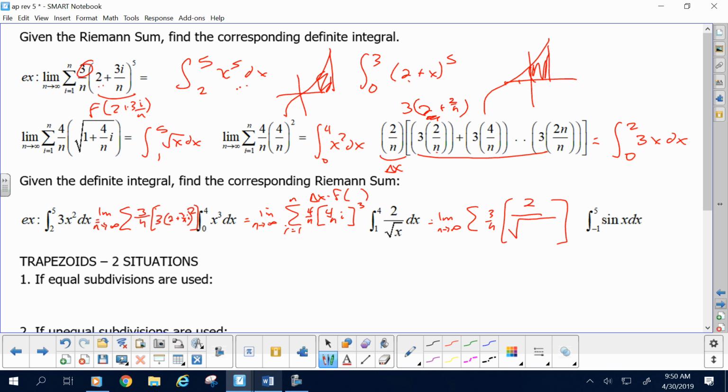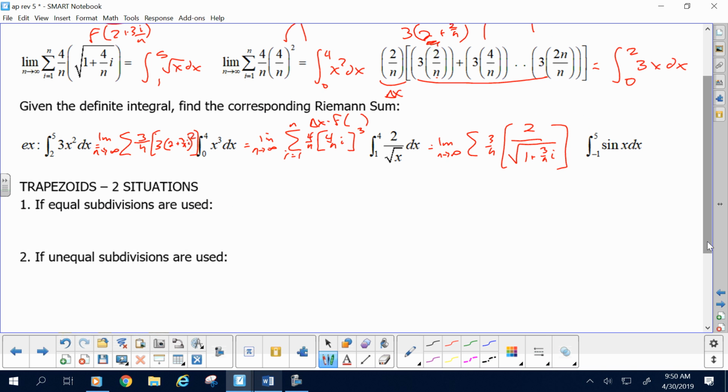Right? Okay, so you got your limit, you got your sigma, and 3 over n. The function's 2 over root something. What's the something? 1 plus 3 over n i times. All right, sounds good.